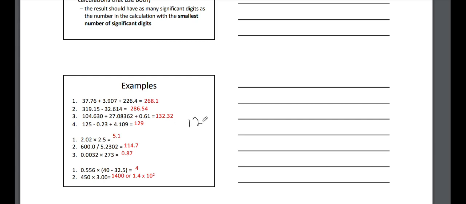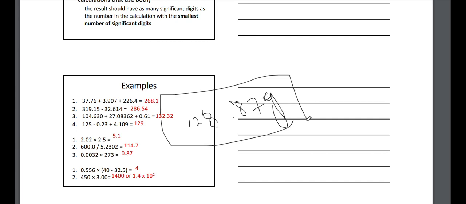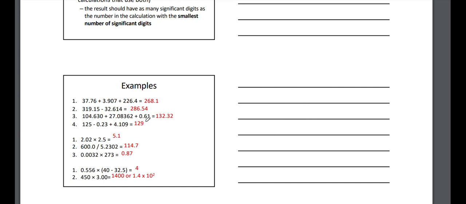So the number would be 128.879. What is the number that I have here? It is 129. Why do I have 129? Because I have 125. How many decimals do I have on the 125? I have 0 decimals. How many decimals do I have on the 0.23? I have 2. So I have 0, I have 2, and I have 3.